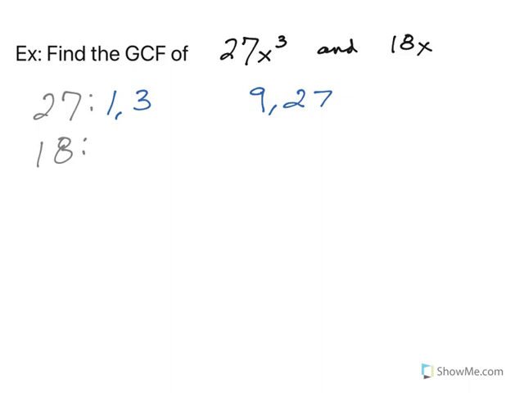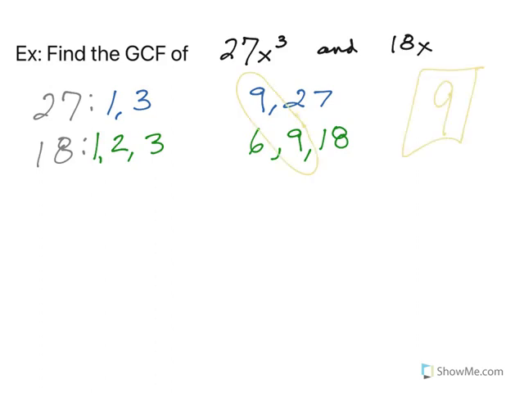None of them. So those are the four for 27. For 18, I have 1 and 18. It's even, so 2 times 9. 3 times 6, no 4, no 5. Okay, so now checking these out, the greatest common factor is going to be 9.